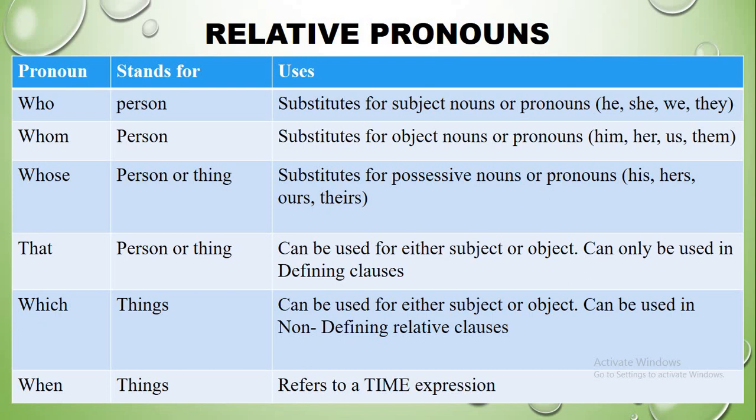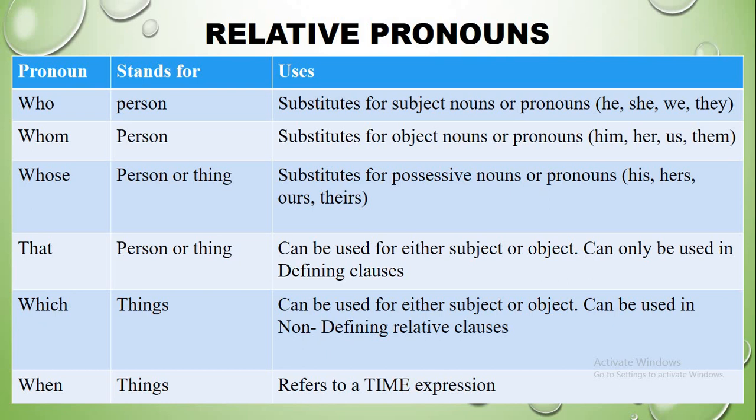We may use these pronouns such as who, whom, whose, that, which, when. Who stands for person, and it substitutes for subject nouns or pronouns he, she, we, and they.